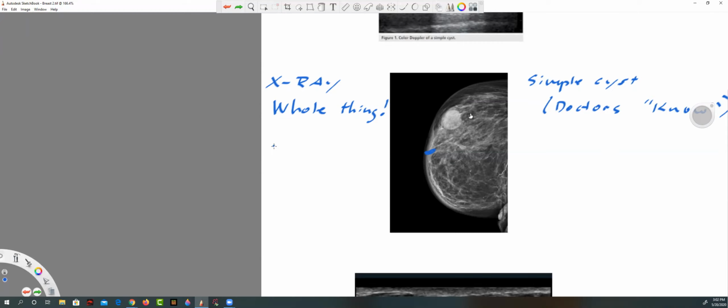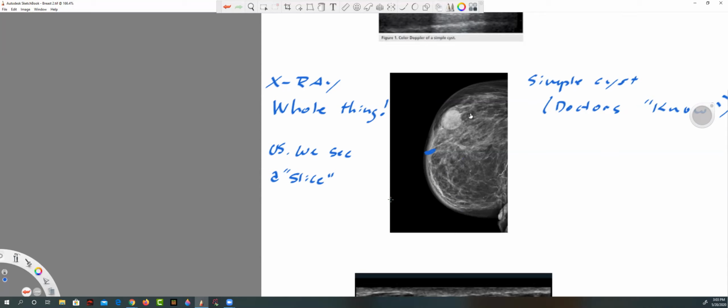Ultrasound, even as an ultrasound tech, you don't always think of it this way. We see a slice. So when we have a two-dimensional image on our screen, that's actually pretty accurate.